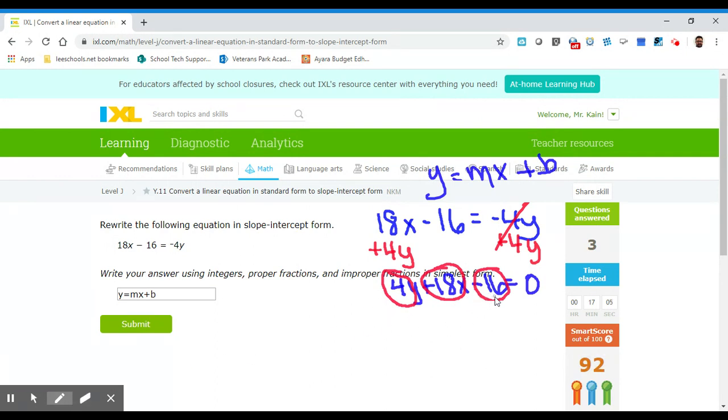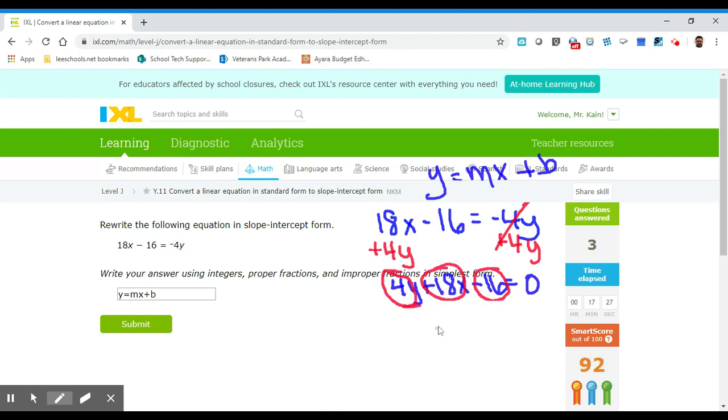Remember, we want to always start with our adding and subtracting terms. We want to save the multiplication for the end because it's the reverse of order of operations when you're doing algebra. I want the x term on the right, so I'm going to start with that one.